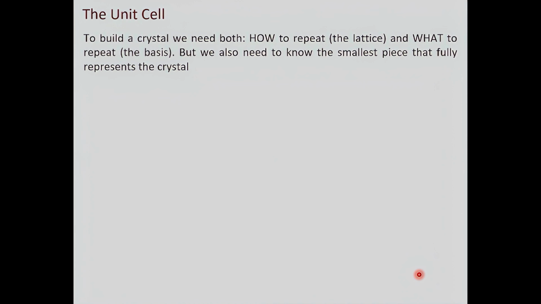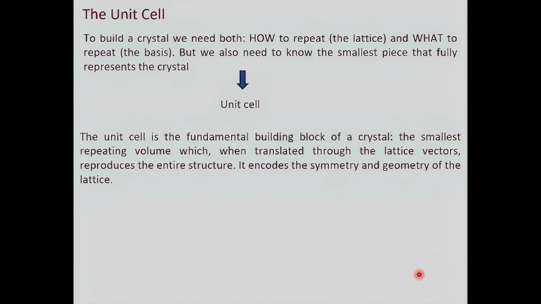Okay, but when we know how we repeat and what we repeat, we also need to understand the smallest piece that we need to repeat to be able to reconstruct the whole crystal at the end, preserving the symmetry and the periodicity. And this is the concept of the unit cell.